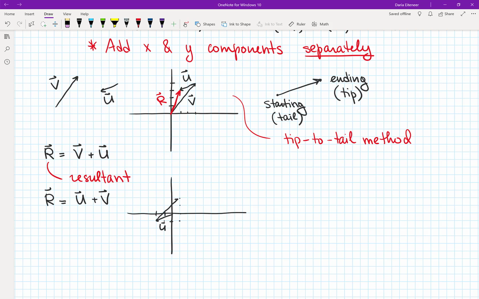Oops, that's not 4 units. So 1, 2, 3, 4. Okay, and that's my vector v. And here is my r. And notice how I got exactly the same resultant vector as in the previous case. So it doesn't actually matter the order in which you add vectors. In algebra, you may recall that this was called the commutative property. The vectors commute, as in you can add them in any order.